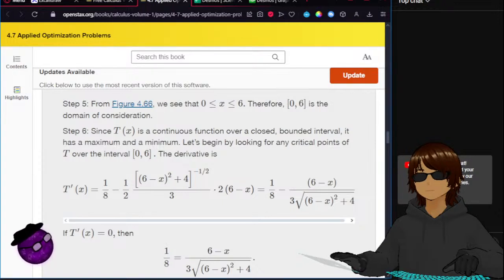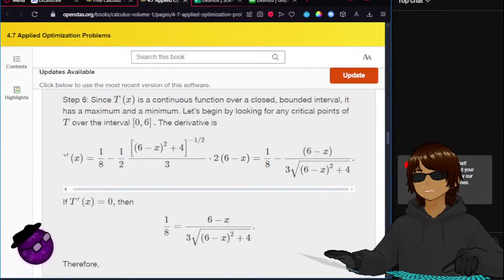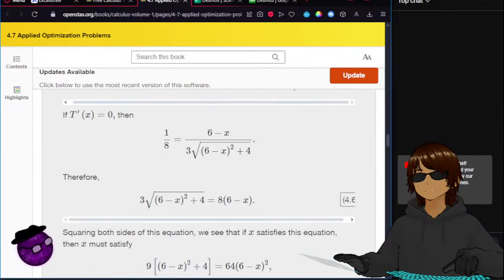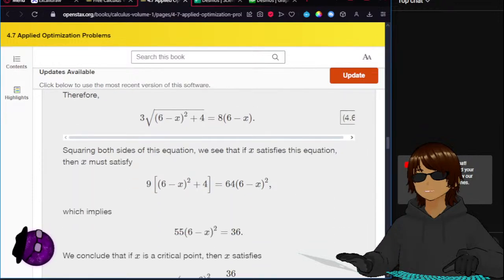Yeah, half times the derivative of this, so times 2 times (6 minus x). This is what I got. Setting it to 0, you end up with this. Then squaring both sides of the equation, we see that if x satisfies this equation, then x must satisfy this.